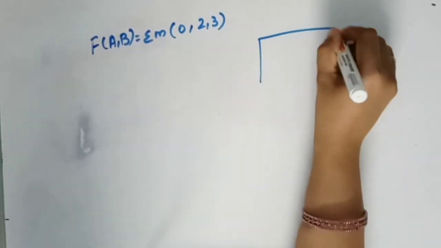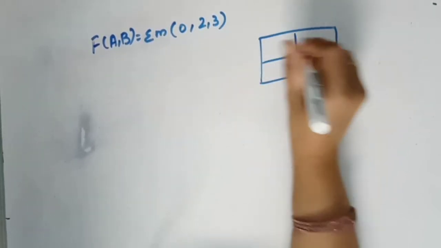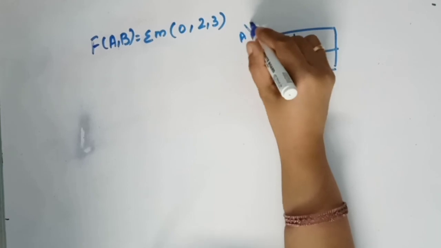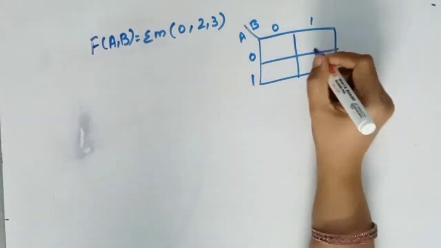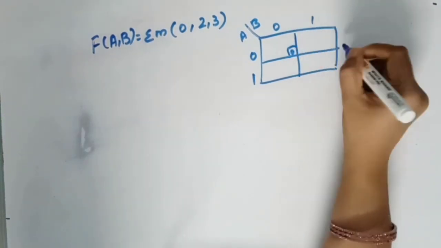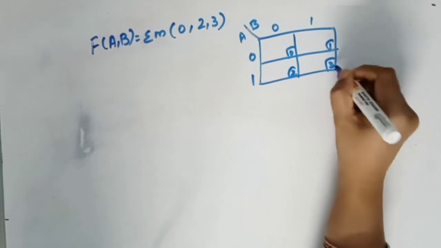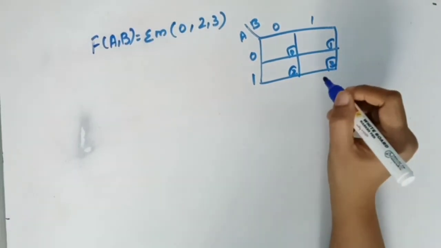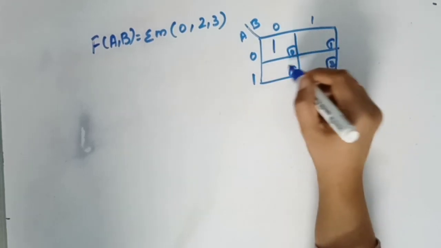So you have to write all these. Don't forget to write this AB, 0, 1. Don't forget to write these, and the numbers also, because if you don't write the numbers you may mess it up and get it wrong. 0, 1, 2, 3.